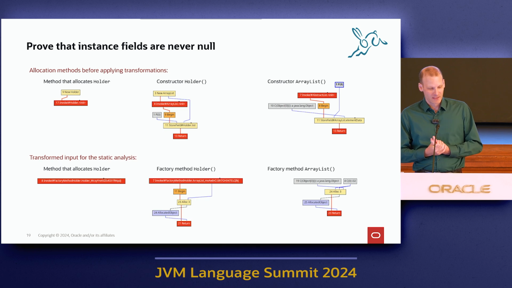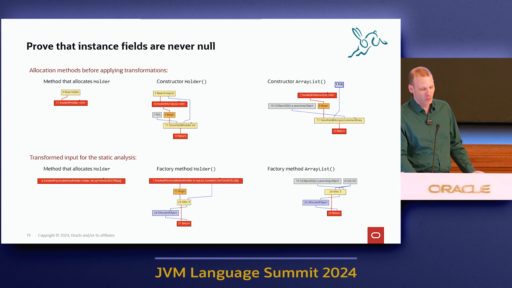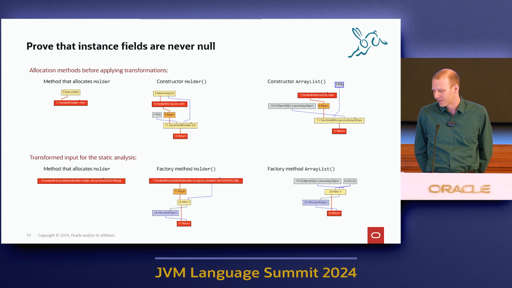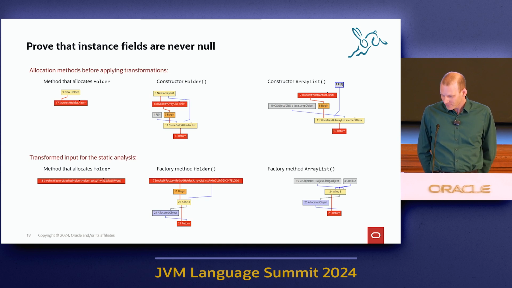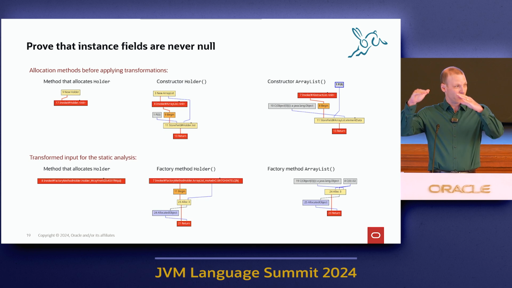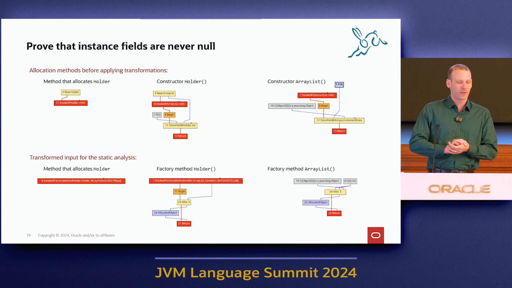What you get then is that the allocation of the holder class is just the invocation of the factory method. They have this funky name because we need to make a unique name, and that's done by adding a suffix to the factory method, so ignore that. But in this factory method for holder, you invoke the factory method for array list. And then you have the allocation, which the partial escape analysis pushed down all the way to the end of the factory method.